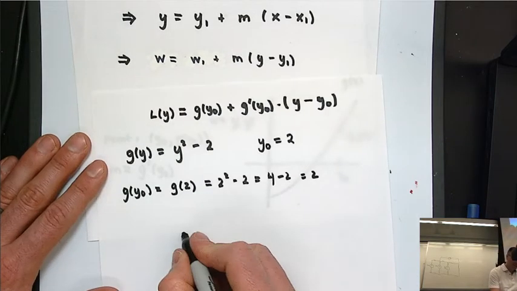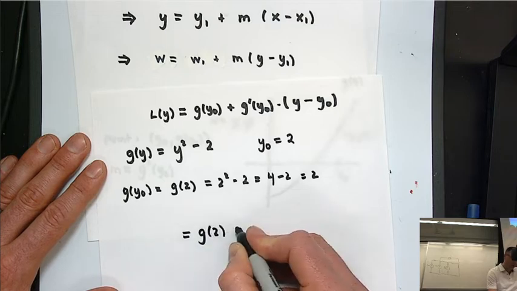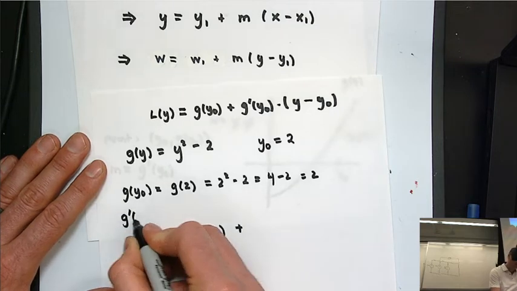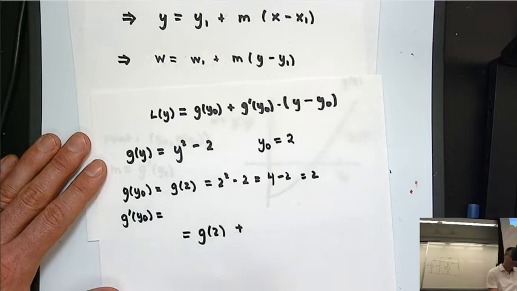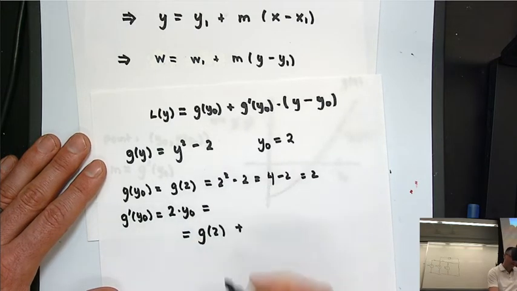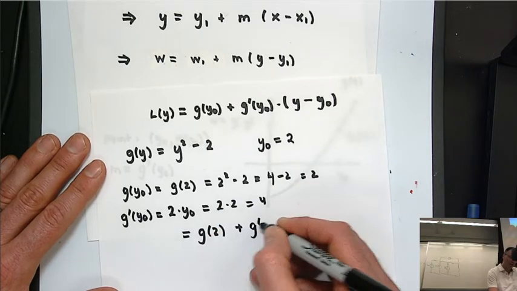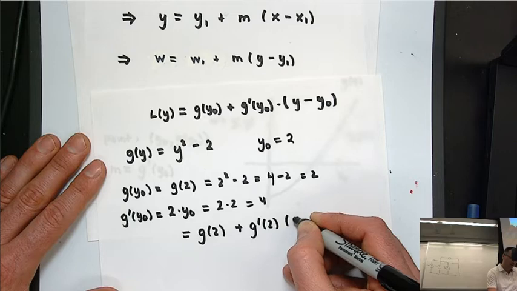Right? So this is going to be g of 2 plus, what do you know about g prime? 2 times y naught, 2 times 2, which is 4. So this is going to be g prime of 2 outside of y minus 2.